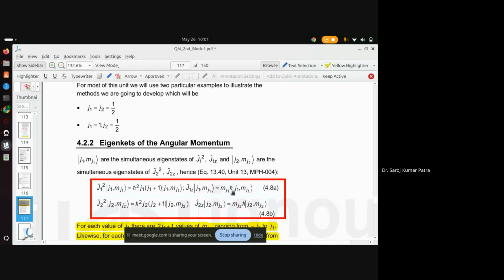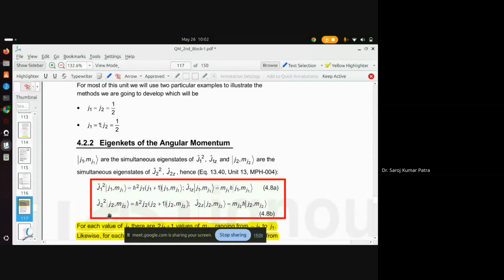So the eigenvalue in case of J square is h cross square J(J plus 1), and the eigenvalue for the Z component, JZ, is MJ h cross.